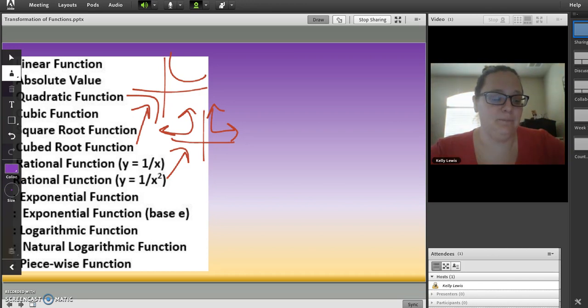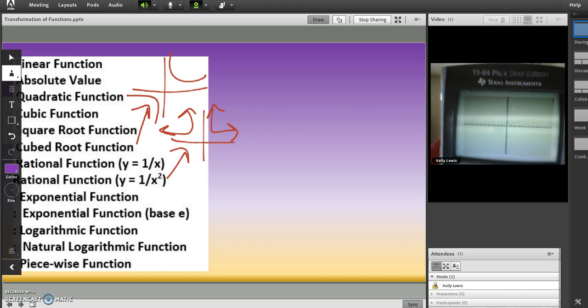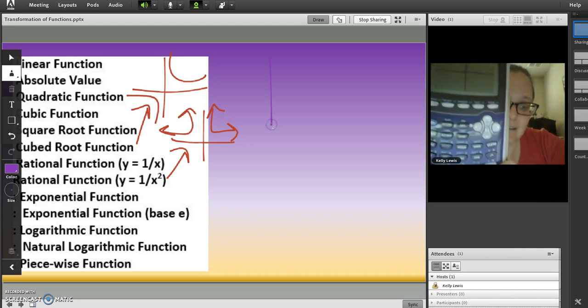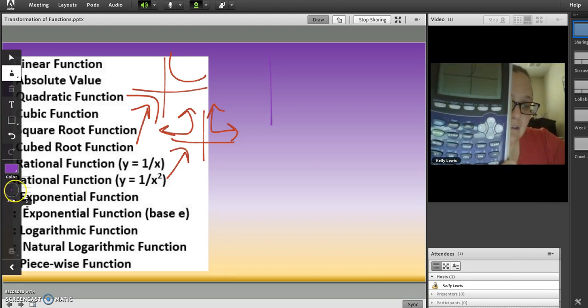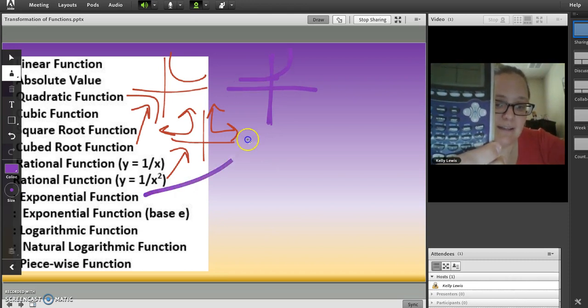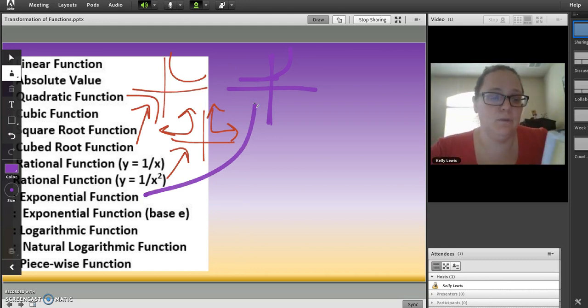Exponential is like 2 to the x, 3 to the x, 4 to the x. It looks like this. It starts off at 1. All right, that's exponential. Base e would be e to the x.